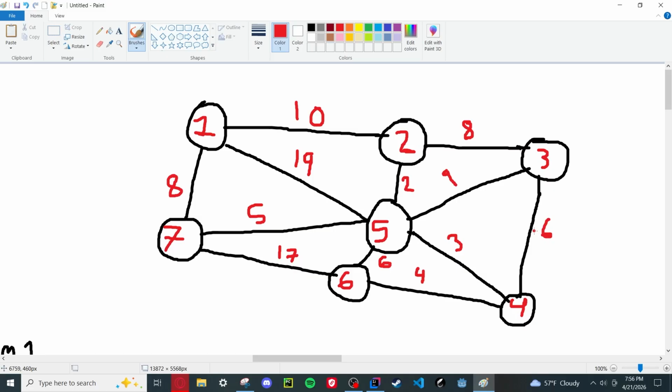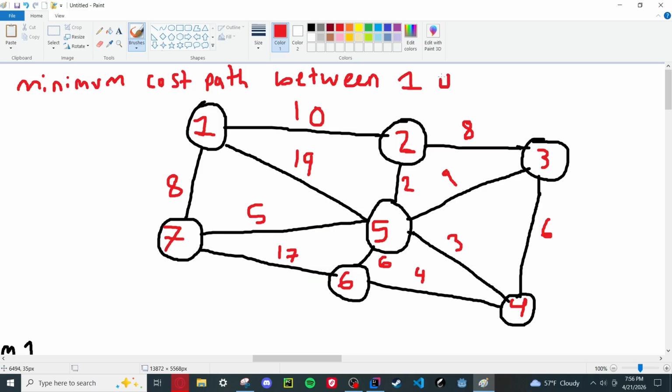So what if I asked, what is the minimum cost path between vertex 1 and vertex 4?